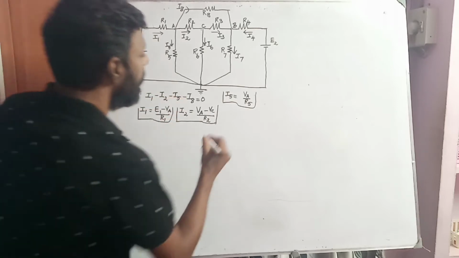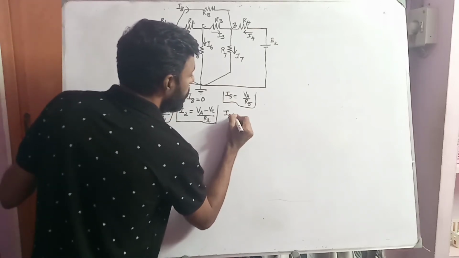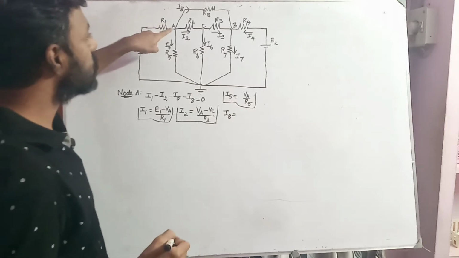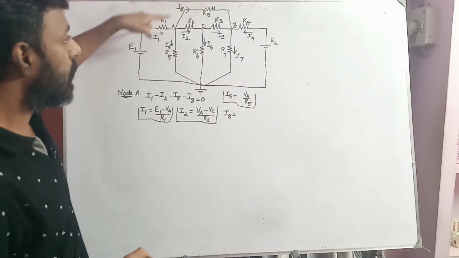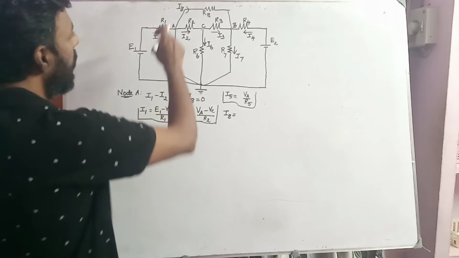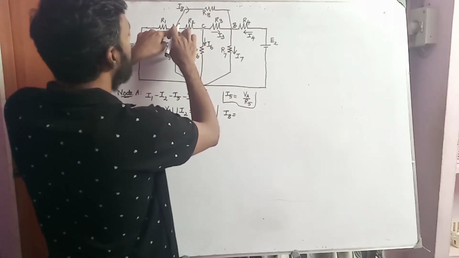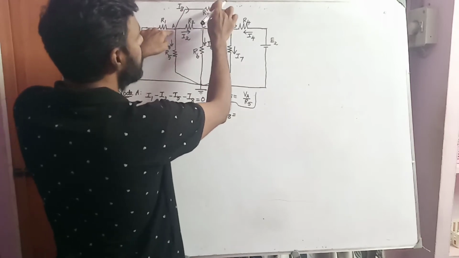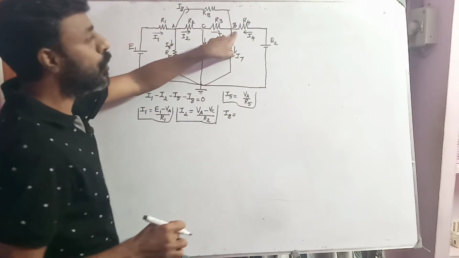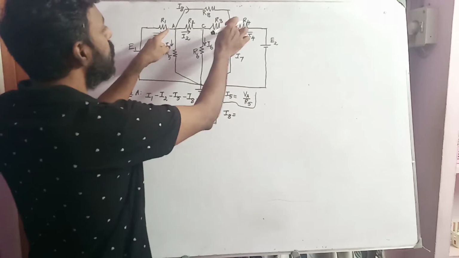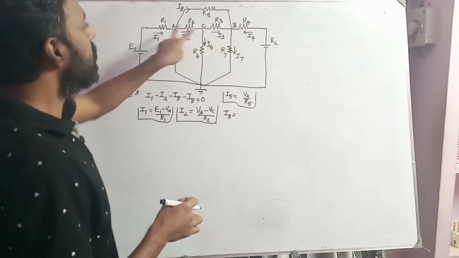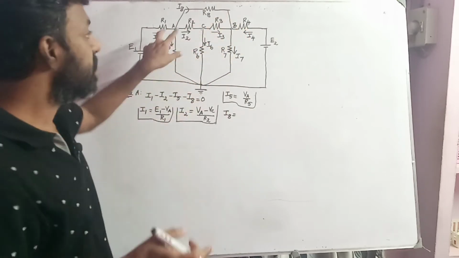So what is I8? I8 is also a current moving out of the junction A. This I8 flows from the node A through the resistor R8 and reaches the node B. So you need to consider two different nodes, A and B. In these two nodes, two different voltages will be developed.